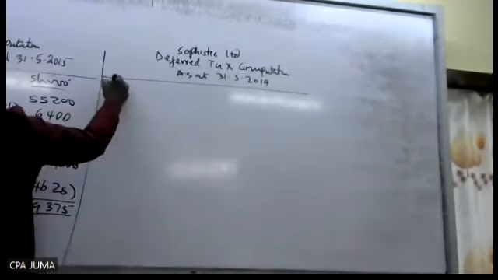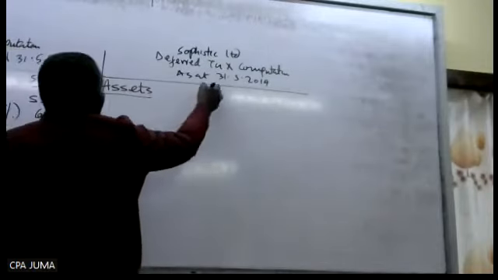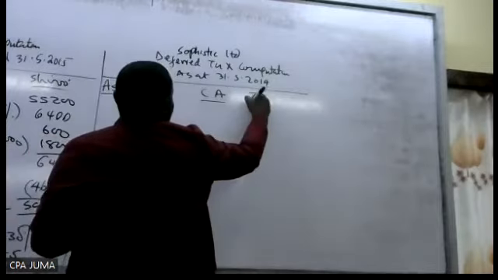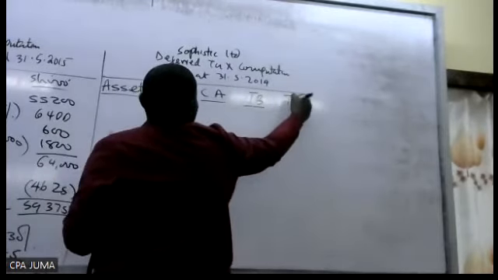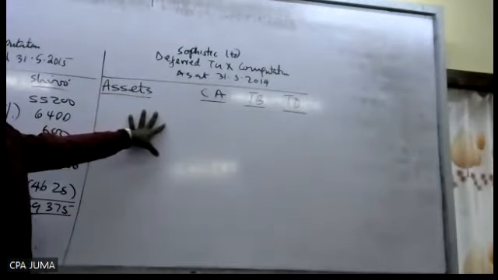Here we are dealing with liabilities, but they are not here. We only have assets, carrying amounts, tax base, temporary differences. Any moment you hear of deferred tax, your thinking begins to lay out something like this.